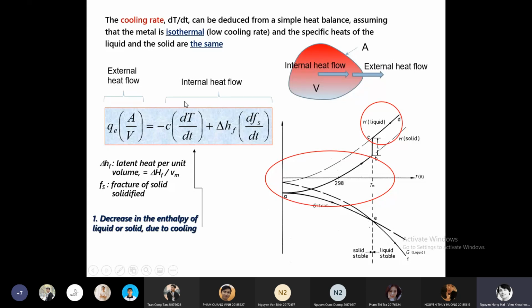The second term, this one, is the decrease in enthalpy due to the transformation from liquid to solid. It's the latent heat. This is the heat balance during the solidification process.